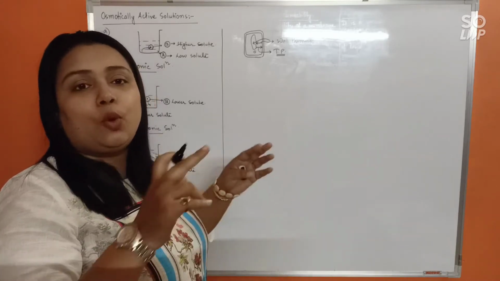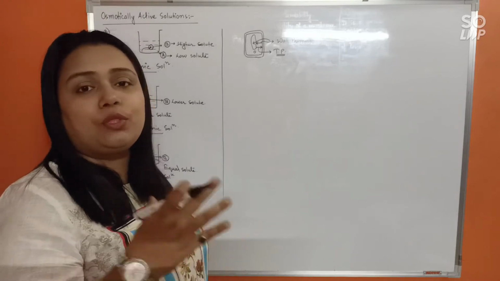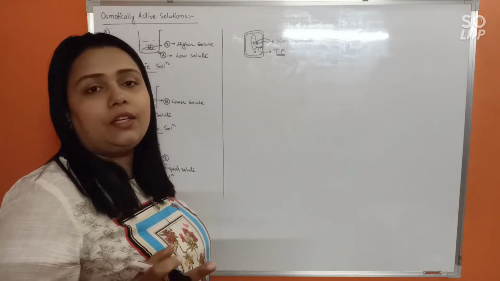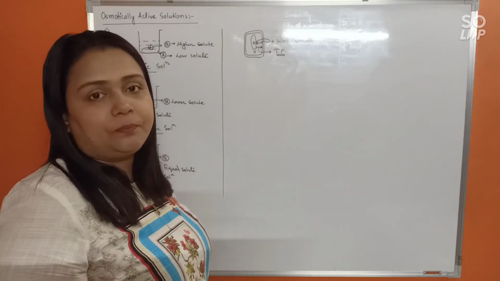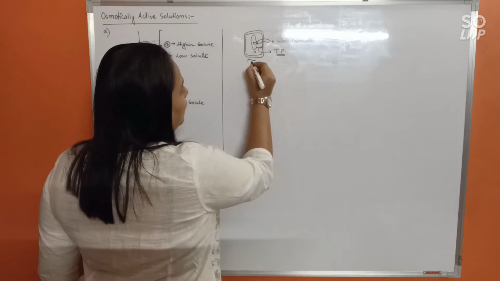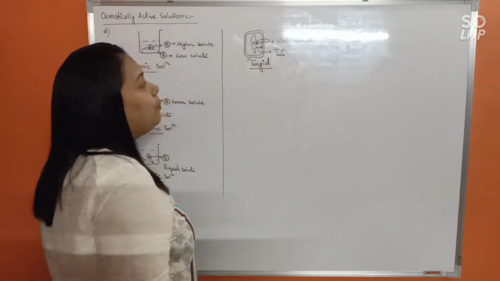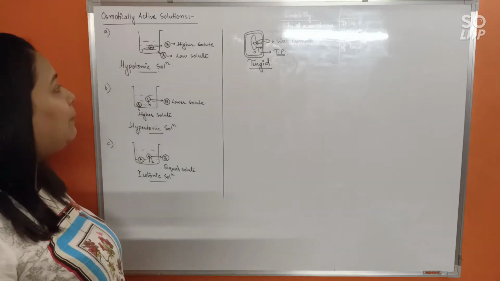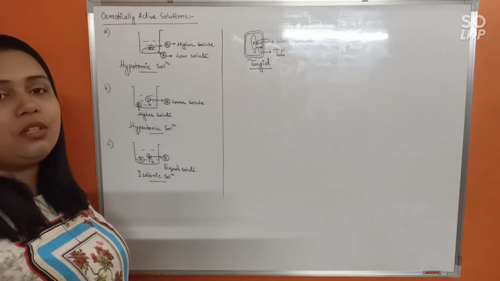There will be no region in the plant cell where the cell membrane and cell wall would separate. They would rather remain closely pressed with one another. In this state, we call the plant cell turgid. So whenever you place a plant cell in a hypotonic solution, you will find the plant cell will reach turgidity.